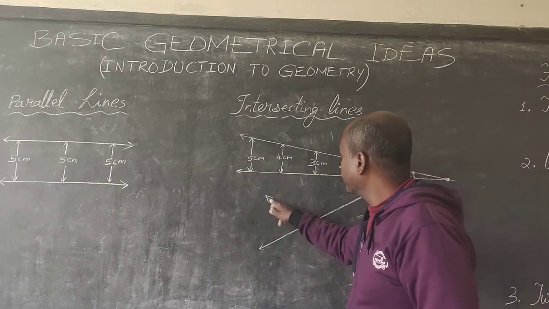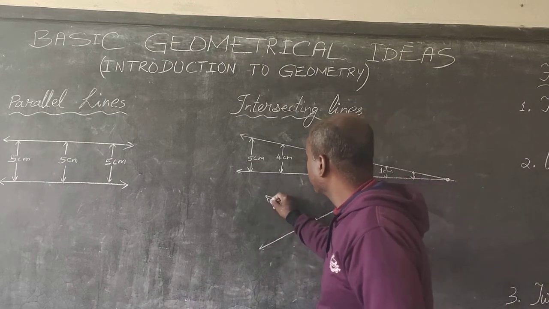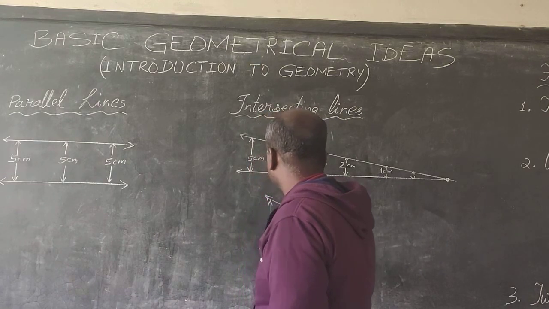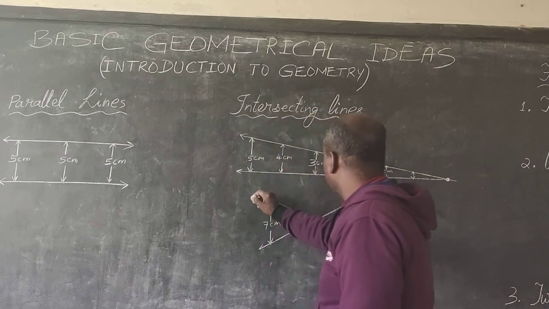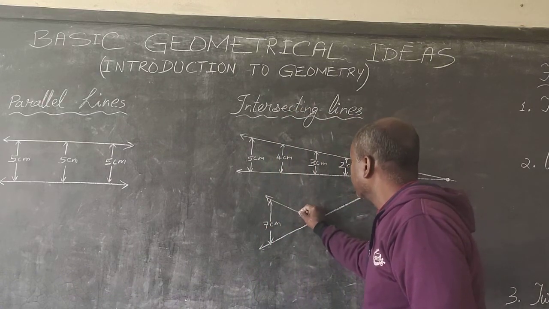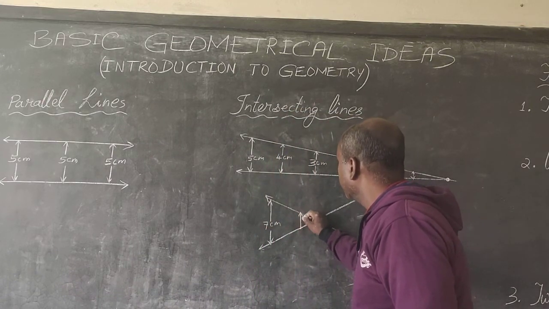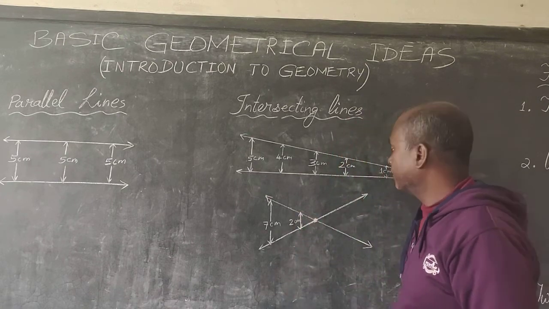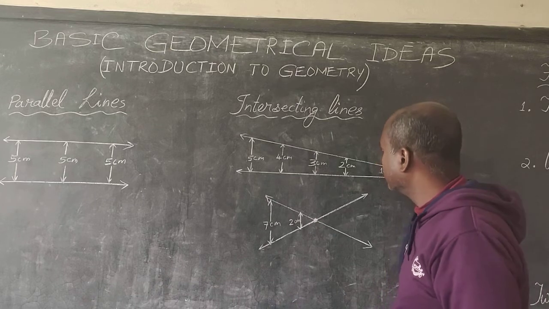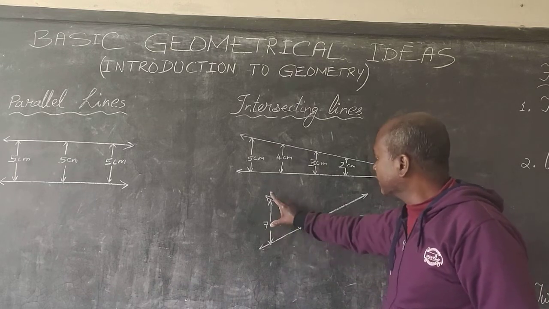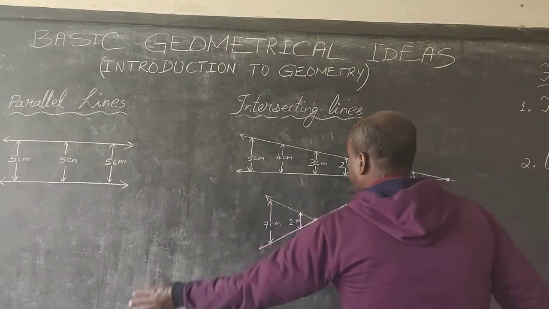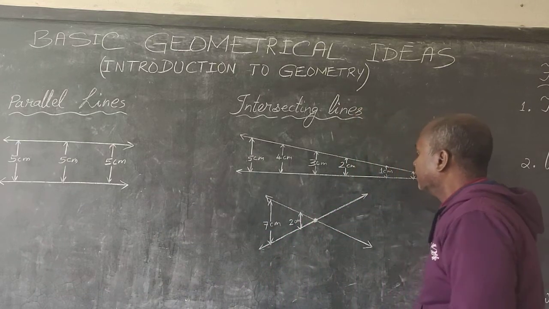You see here, from here to here the gap is so big. From here to here the gap is say 7 centimeter. But when you come from this side to this side, now this gap is say only 2 centimeter. I'm just giving an example, maybe not exactly 2 centimeter, but the idea is the gap keeps on reducing as it comes from my left hand side towards the right hand side.